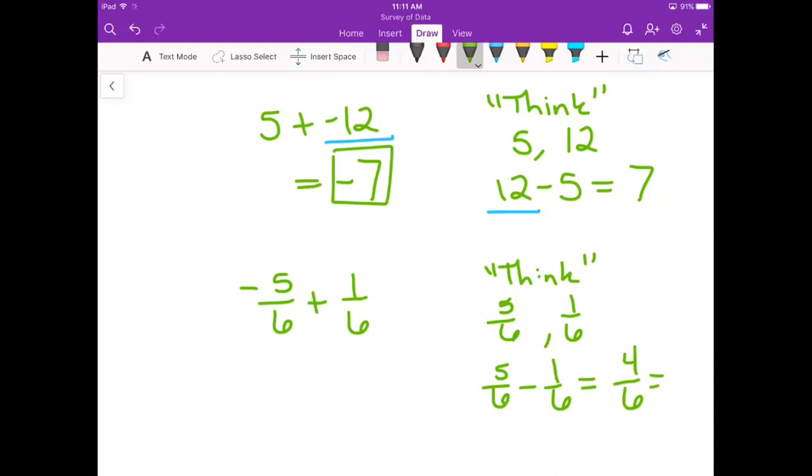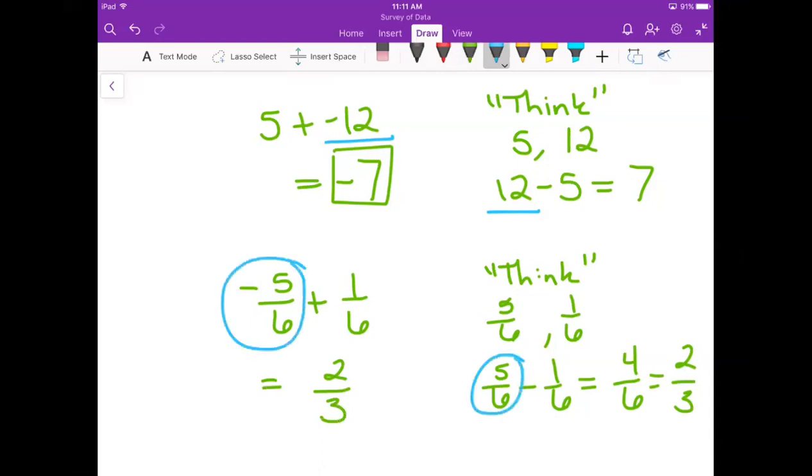Always still simplify that answer. 4/6 will simplify to 2/3. So my final answer is a version of 2/3, but what was my larger number? My larger number was 5/6, which was negative in my original problem. So my final answer needs to be negative. It works with fractions the same way it works with whole numbers.